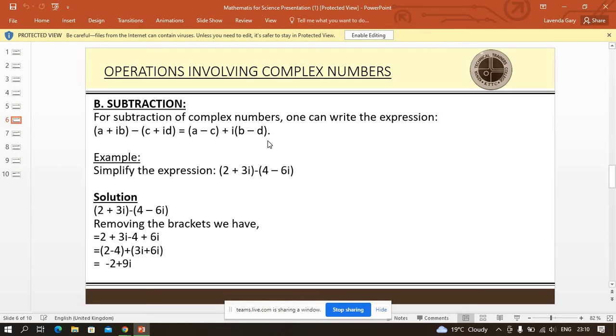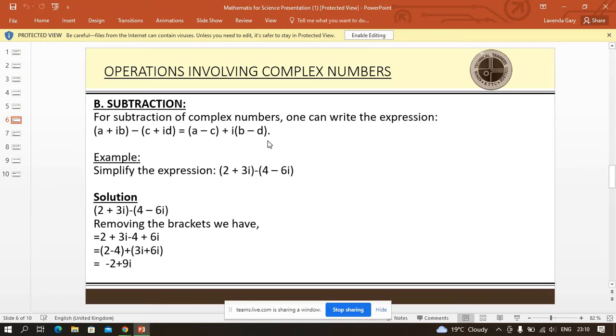The real parts include 2 and negative 4. 2 minus 4 gives us negative 2. Correct. And the imaginary part is 3i plus 6i, giving us 9i.